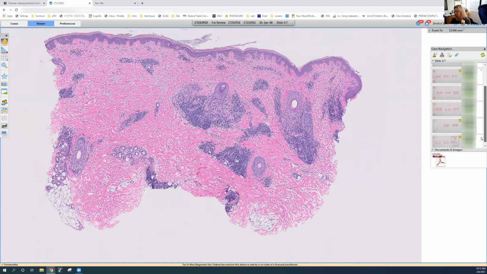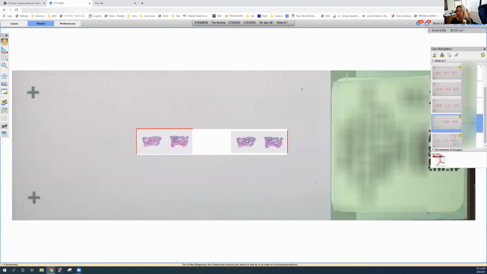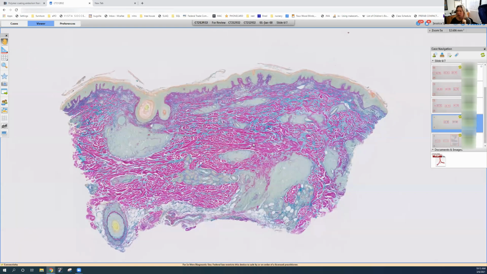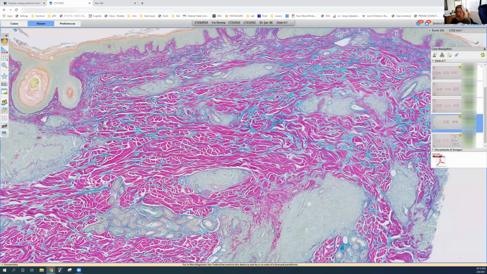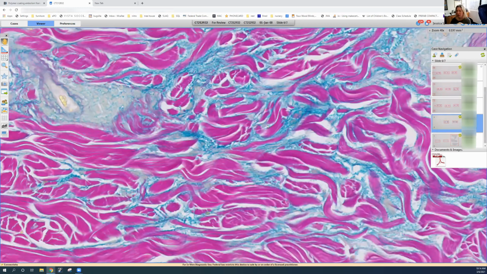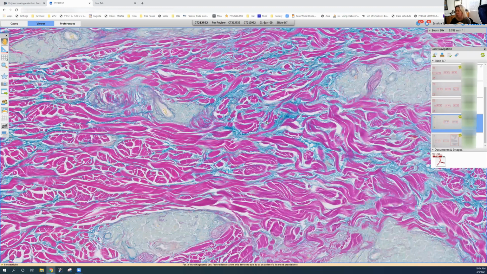And I just wanted to show you the mucin stain here. Now you have to be careful. The mucin stain will pick up solar elastic fiber. So you have to look at your H&E and correlate it with your mucin stain. And this is really beautiful interstitial mucin deposition.